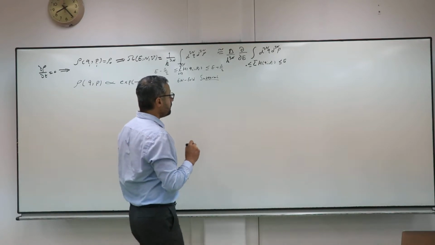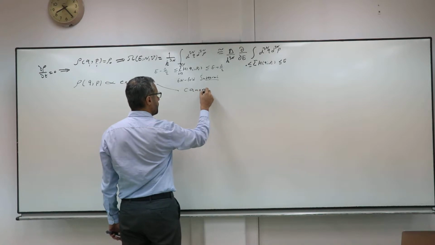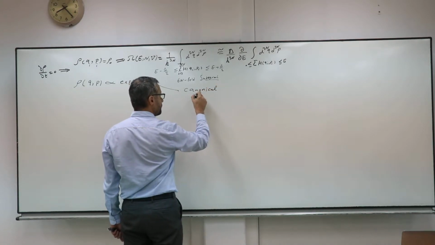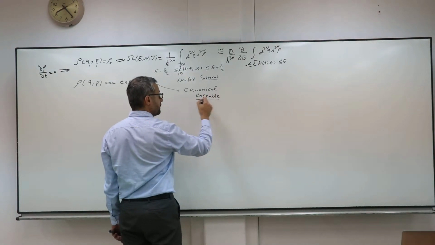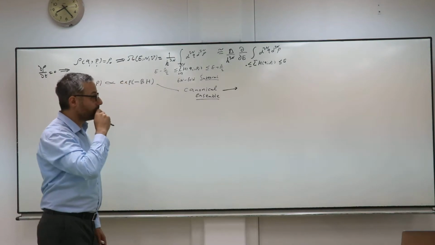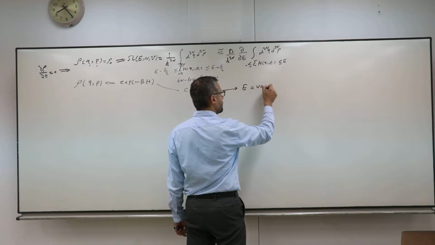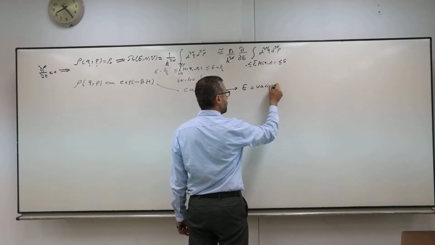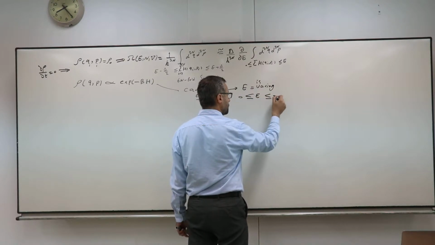What's important is that this is the canonical ensemble, or canonical system. And in the canonical system, the parameter which is changing is the energy. So energy is varying in the range of any number, from 0 to infinity.